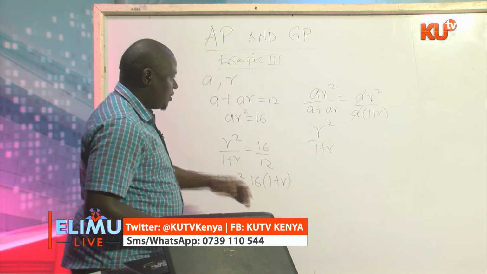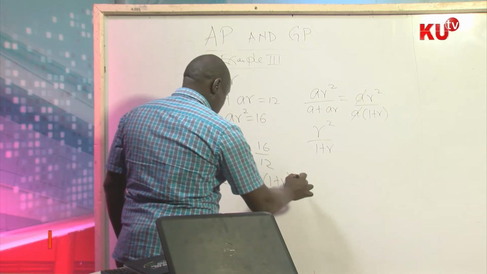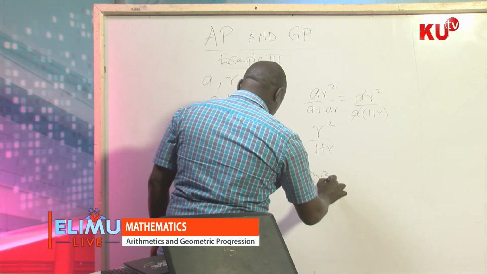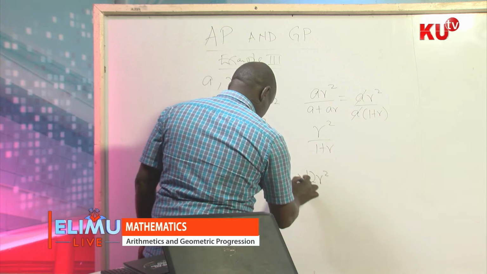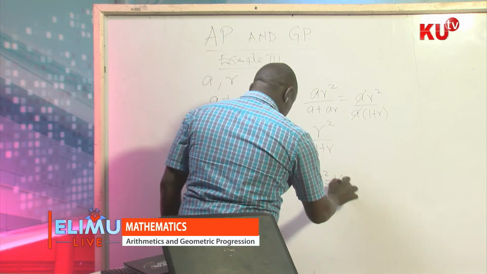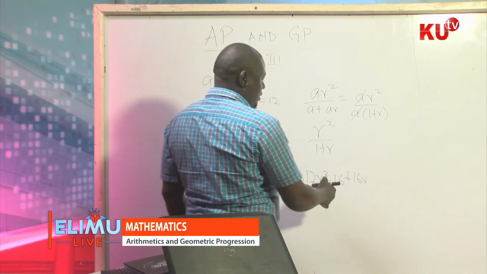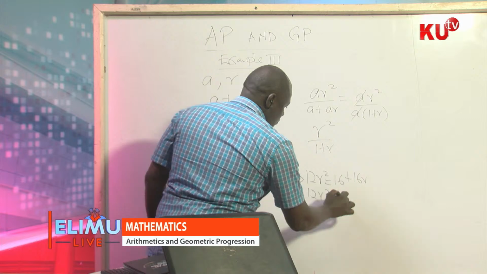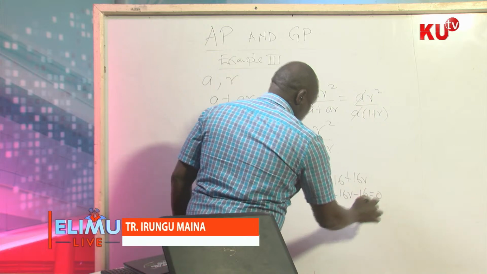Now, we open the bracket. We end up with 12r squared equals 16 plus 16r. We bring everything to this side: 12r squared minus 16r minus 16 equals 0.